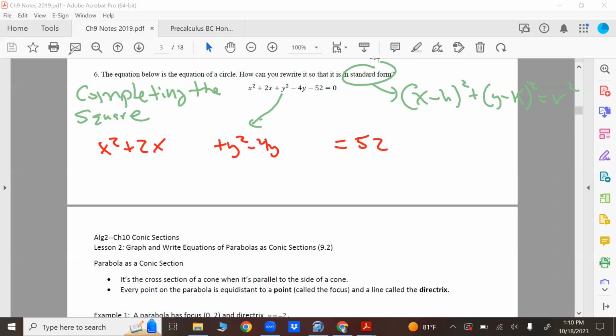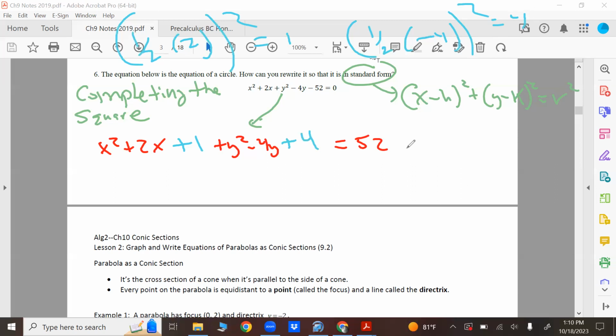So you need to complete the square, which means half of 2, then squared, which is 1. And also half of -4, then squared, which is 4. But you must add it to the other side as well to keep it balanced, right? So the final answer looks like this.